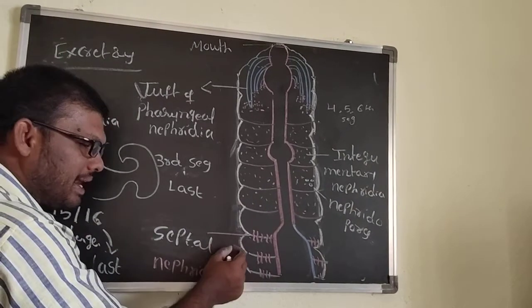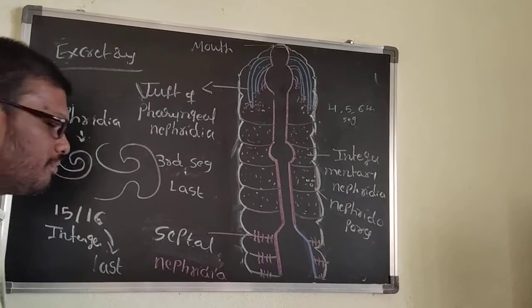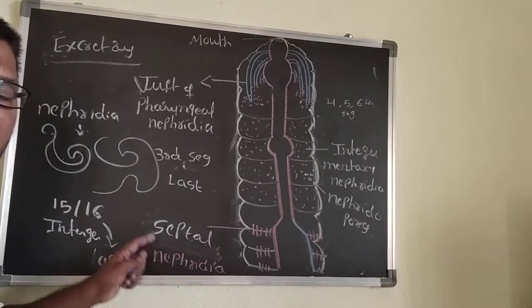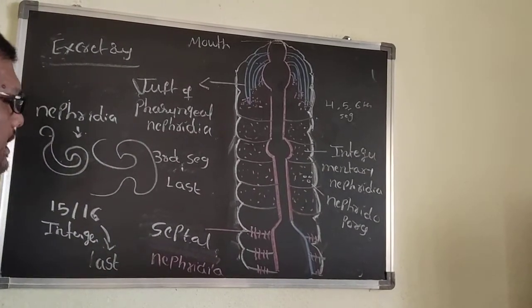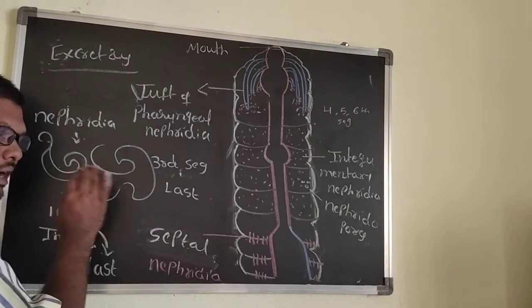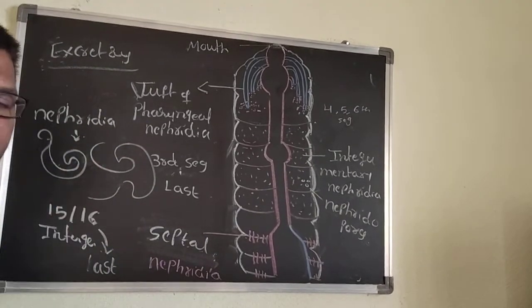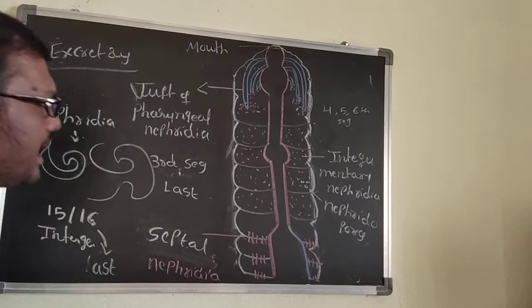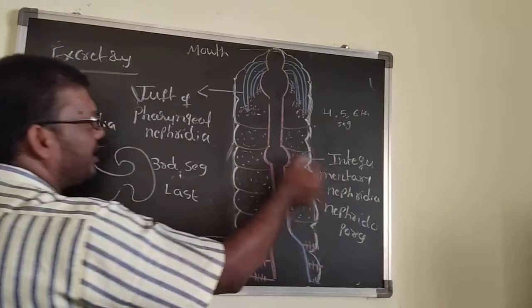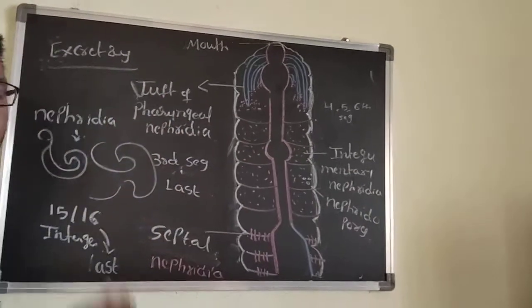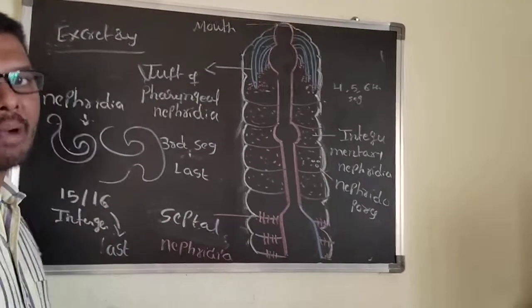Septal nephridia have a nephrostome, so septal nephridia are open nephridia. If the nephridia has no nephrostome, it is called a closed nephridia. That is the integumentary nephridia and the pharyngeal nephridia. Both are closed type nephridia.